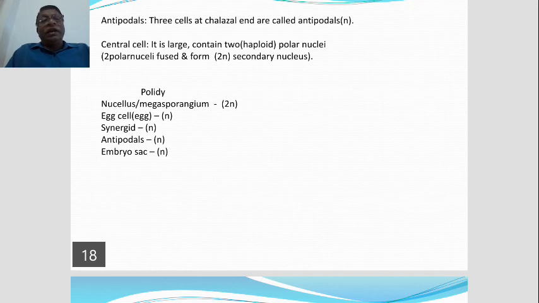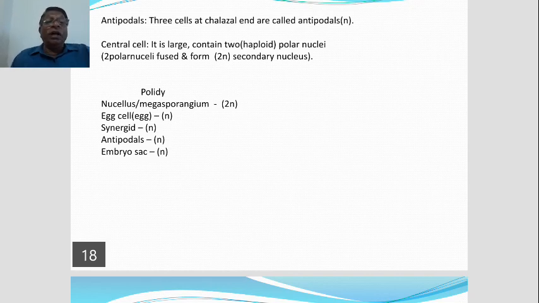The central cell at its center contains 2 haploid polar nuclei, which later on fuse and form the secondary nucleus or definitive nucleus at the time of fertilization. So that's all about the structure of the embryo sac: egg apparatus, antipodals and the central cell.